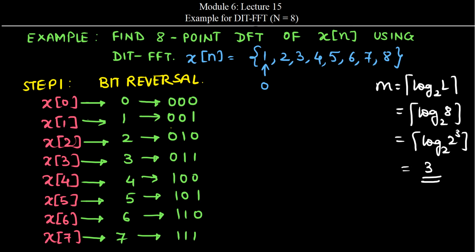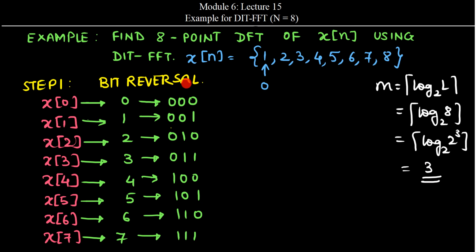So we are considering the 3-bit representation. Moreover, the number of bits required, that is m equal to 3, is exactly the number of stages that we require in the butterfly structure in order to find the DIT-FFT. So we need a total of 3 stages of the DIT-FFT butterfly structure.